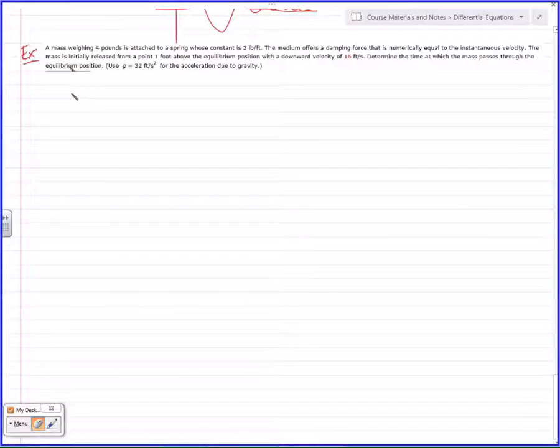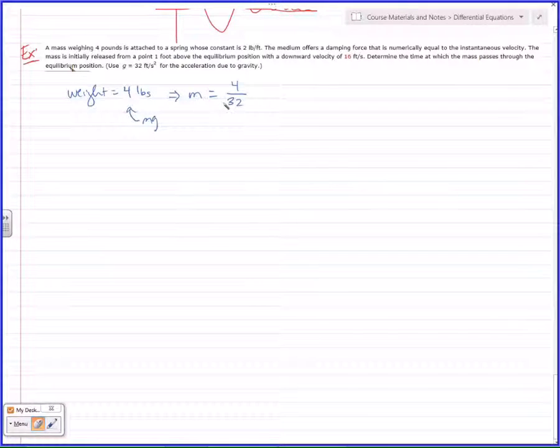All right, so our weight equals 4 pounds, which means the mass is 4 divided by 32, because mg is equal to your weight, g being 32 feet per second squared.